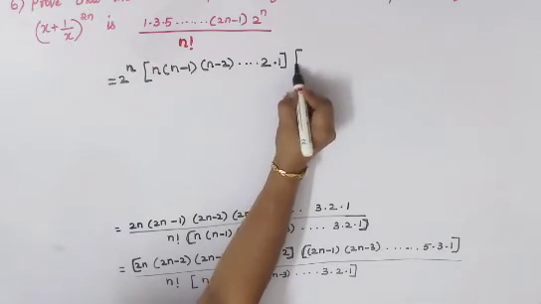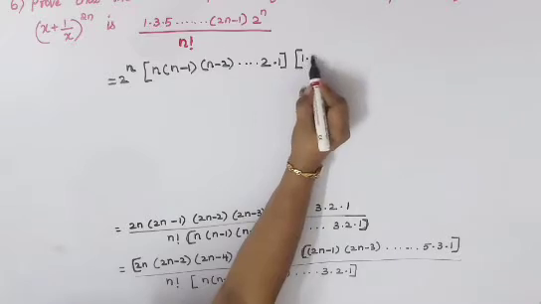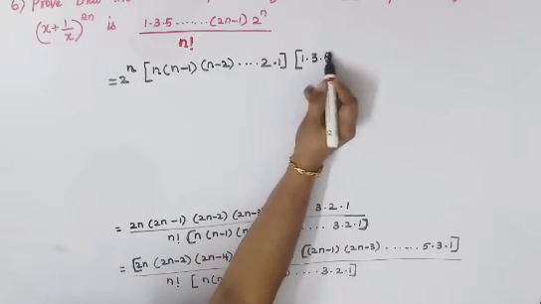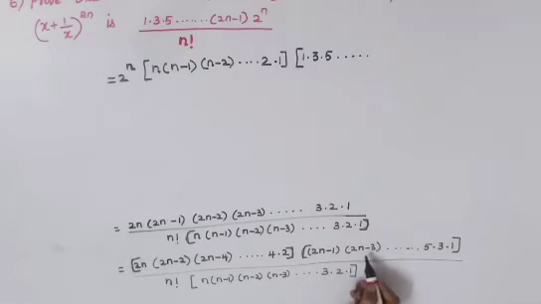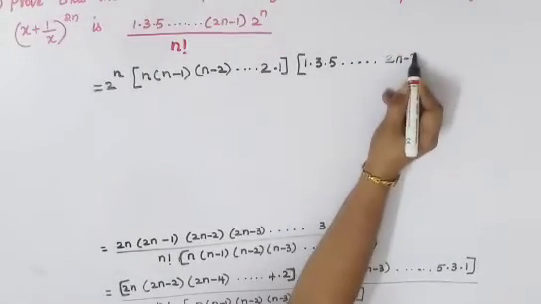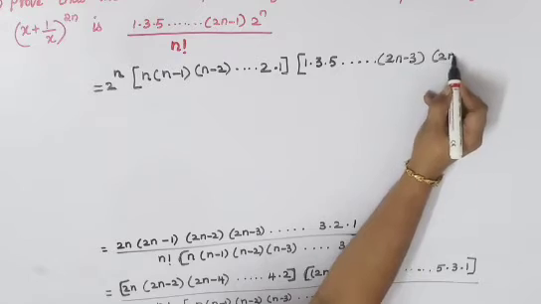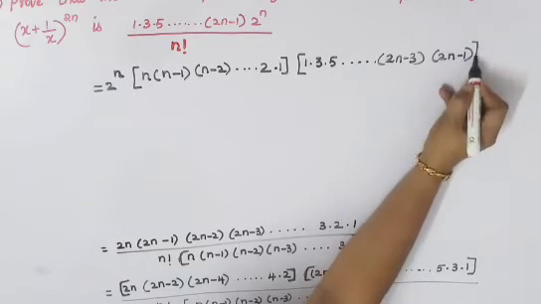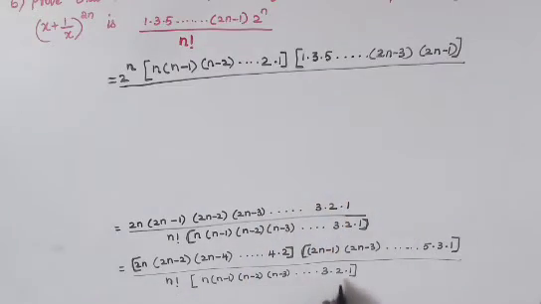Here if you remove 2 you will get 1 2 over there. So 2 into, if you remove 2 out from here you will get 1. The next part is same as it is, but I'll just start from your 1. 1 into 3 into 5, all these terms, etc. Into this 2n minus 3 and 2n minus 1, you will have to write it over there. So 2n minus 3 into 2n minus 1 divided by denominator as it is.